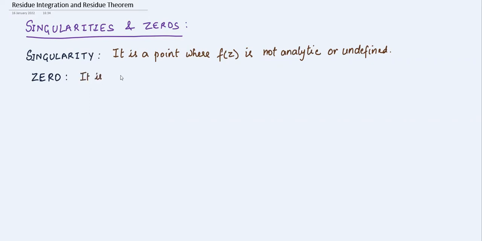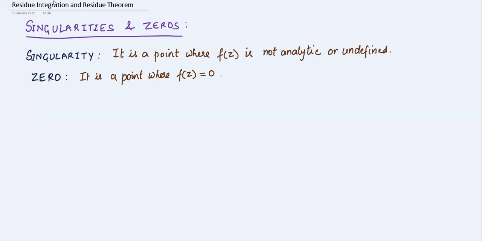It is a point where f of z is equal to 0. So the point where the function value attains 0 is called as the zero point. Remember, zero is a point in the domain.